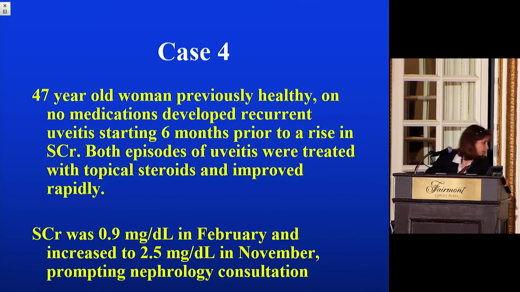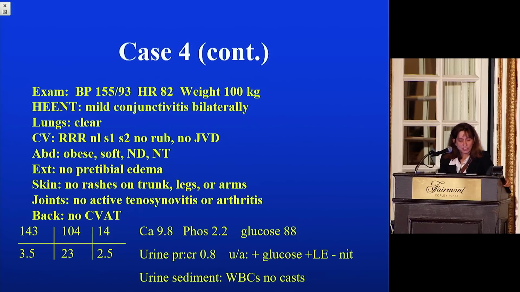Case 4, I'll make this very quick. 47-year-old, previously healthy, no meds, develops recurrent uveitis prior to a rise in creatinine. It has recurrence. Both episodes are treated with topical steroids. Creatinine then bumps from 0.9 to 2.5, and she's sent to a nephrologist. We'll go through this super quick. Exam is unremarkable, except for the mild conjunctivitis.